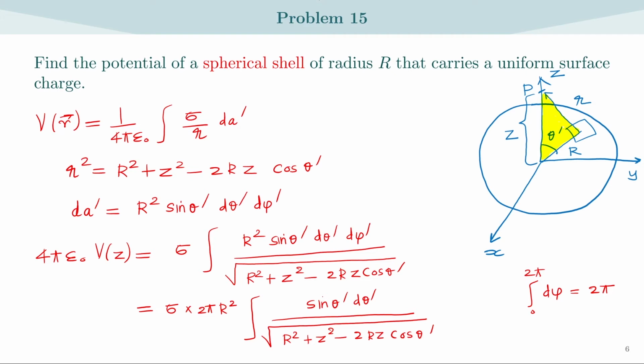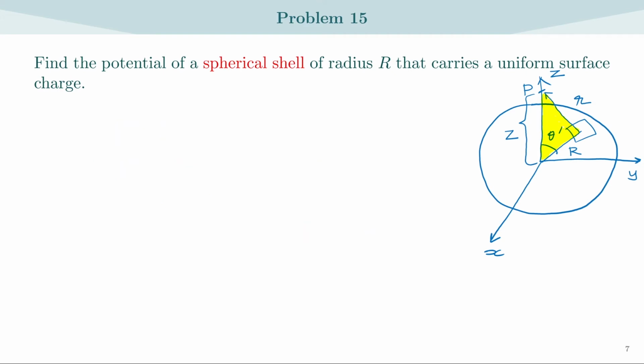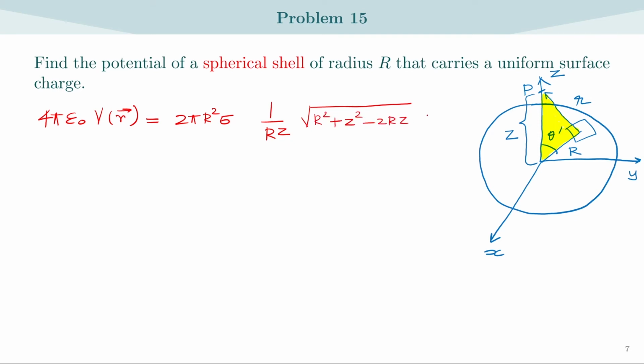Now coming back to the problem, we have the solution for 4πε₀ V(z) as equal to 2πR²σ times 1 over Rz times √(R² + z² − 2Rz cos θ′).